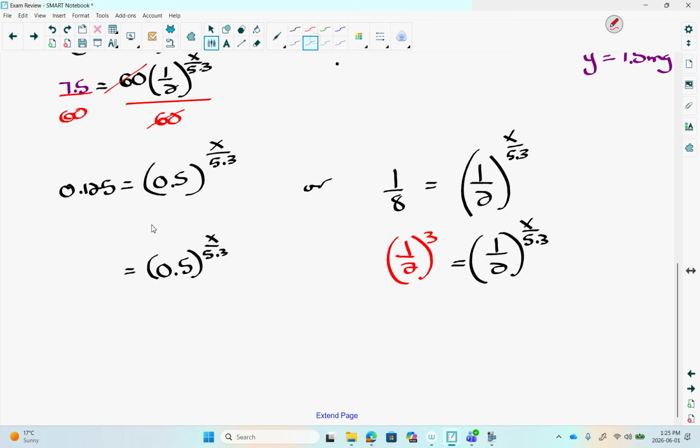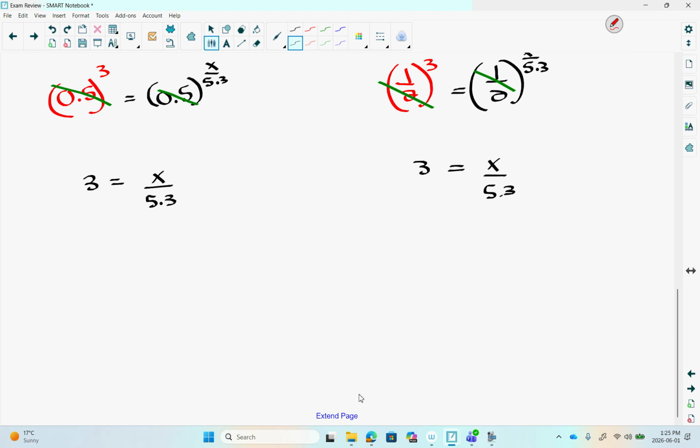Same thing over here. If you do the log of this number and you divide it by the log of 0.5, you would get 3 as well. Now you have a single power on the left and right. You could say 3 equals x divided by 5.3. And what would you do to solve for x?